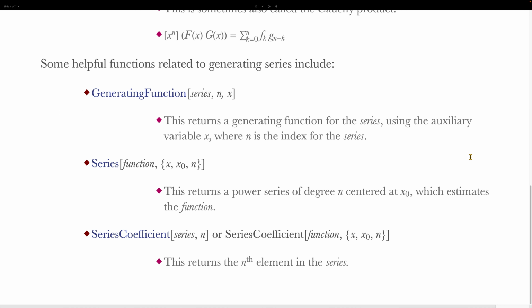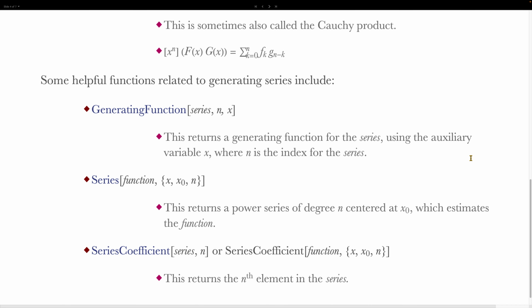To help us handle all of this, we have some helpful functions in the Wolfram language that are related to generating series, which include GeneratingFunction of series, n, x, which returns a generating function for the series using the auxiliary variable x, where n is the index for the series. Along with that, we have Series of a function, x sub 0, and n, which returns a power series of degree n centered at x sub 0, which estimates the function.